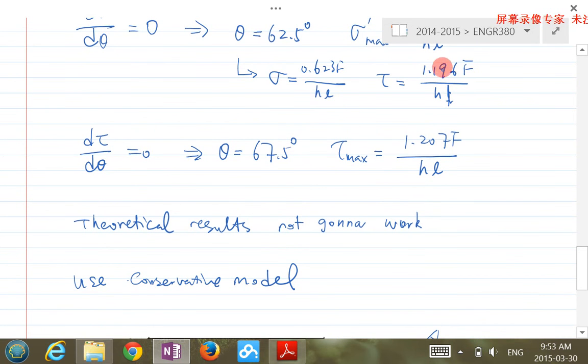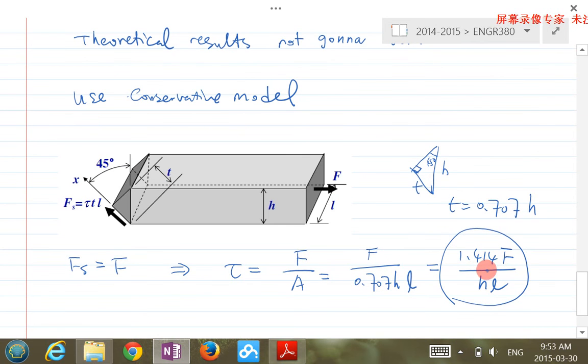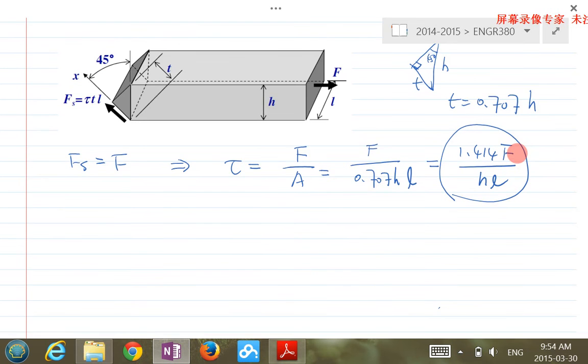The coefficients are 1.2, 1.2, and this is 1.4, right? So this is basically a conservative model. It's a higher shear stress value than your mathematical calculation of the maximum.